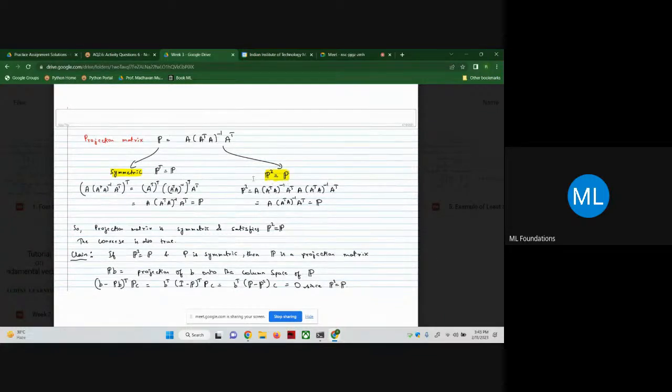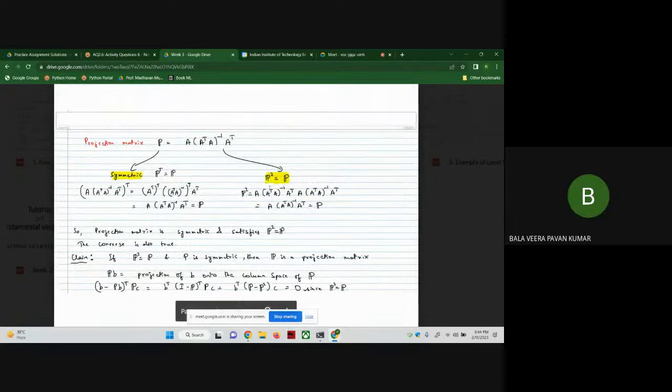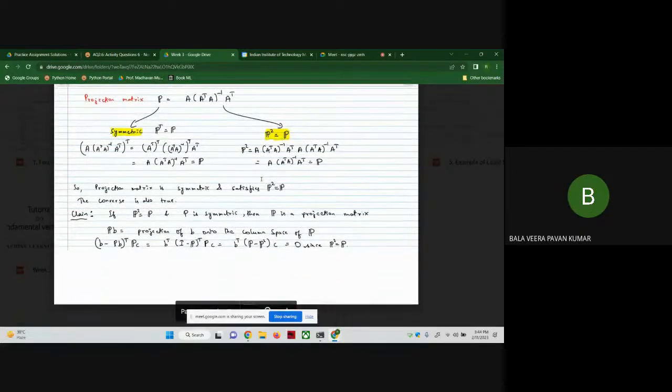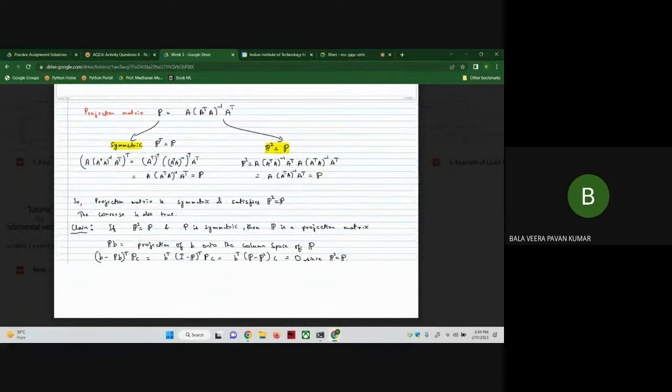And this P will always be symmetric, just like we have seen for the single vector. Can we dissolve P square equals P into the identity matrix also?